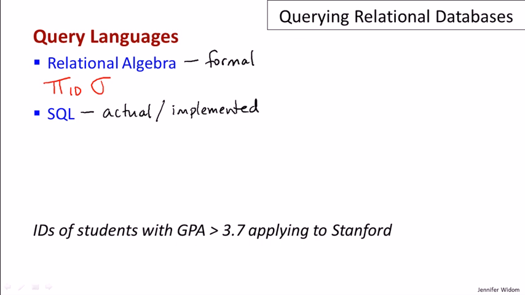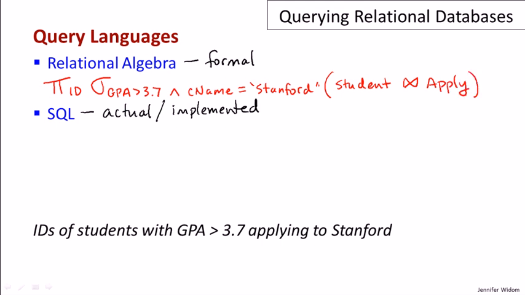The pi says we're going to get the ID. The sigma says we want students whose GPA is greater than 3.7 and the college that the students have applied to is Stanford. And then that will operate on what's called the natural join of the student relation with the apply relation. Again, we'll learn the details of that in a later video.